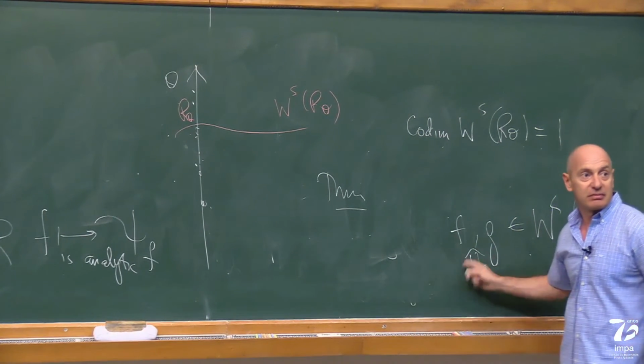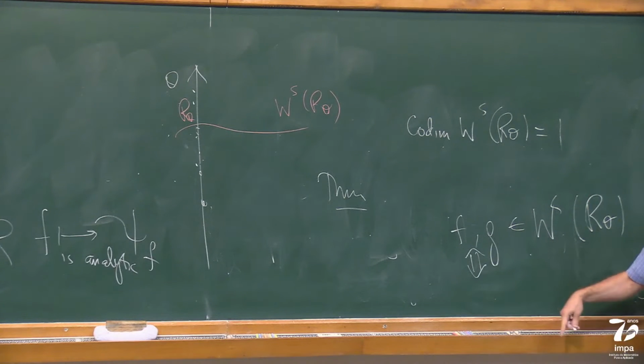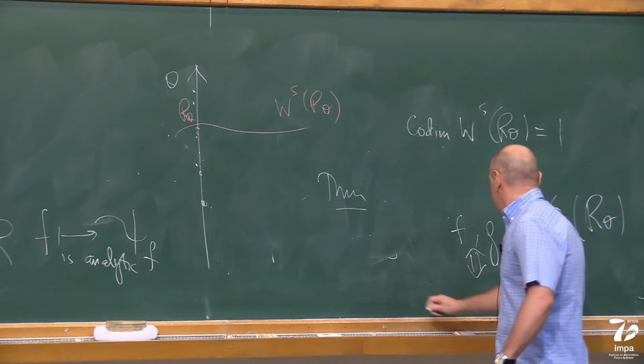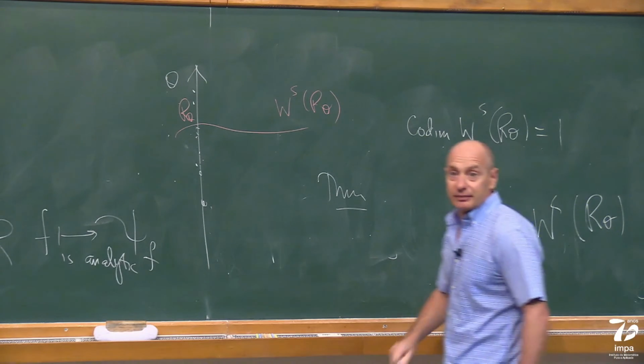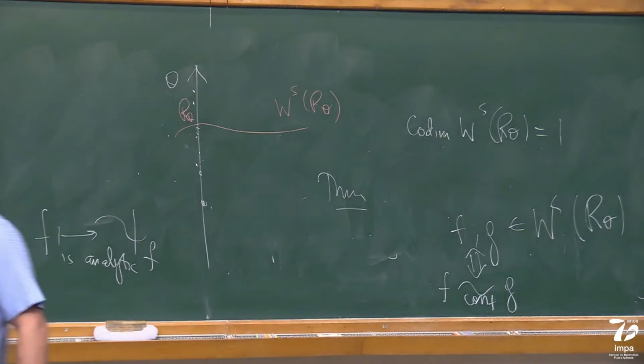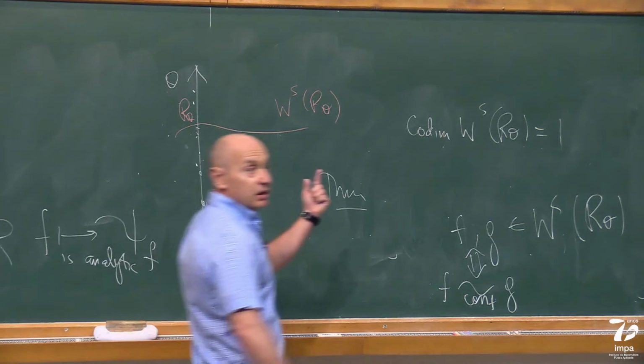One direction is almost trivial. If and only if f is conformally conjugate to g. So these are actually conformal conjugacy classes. The arrow up is almost trivial.